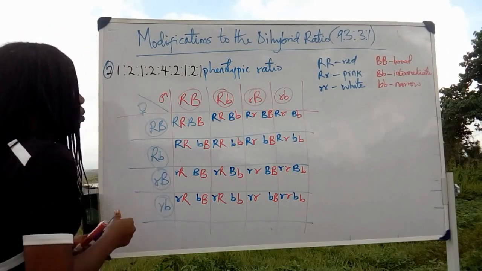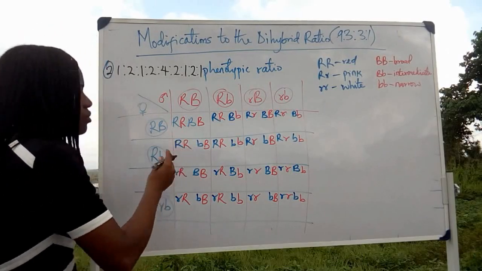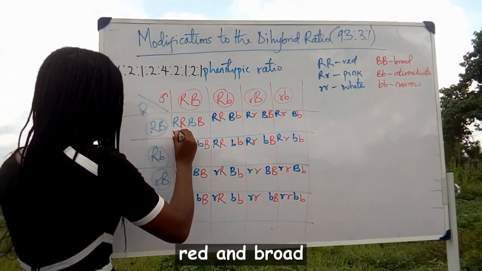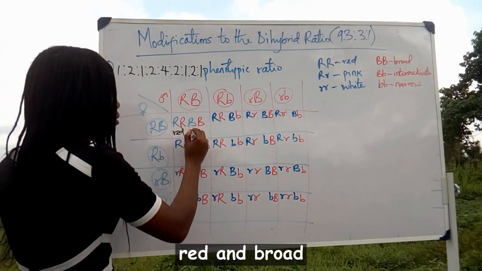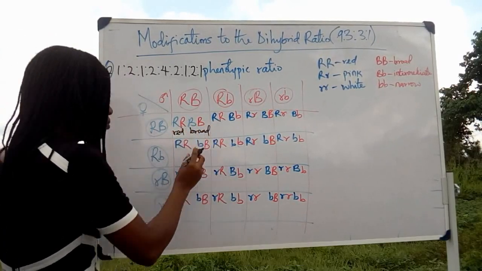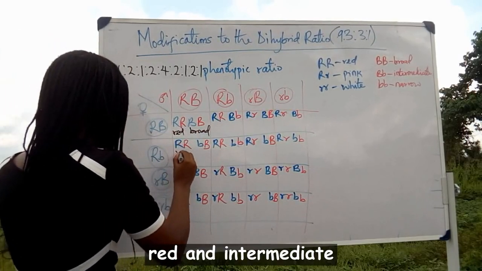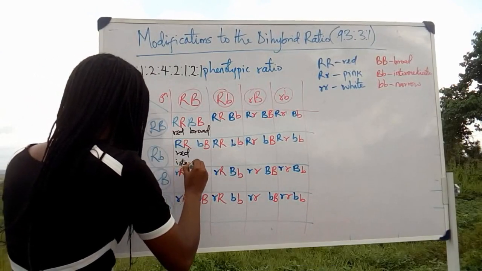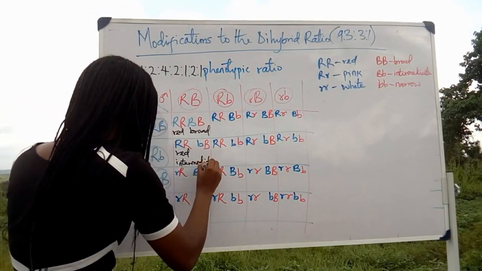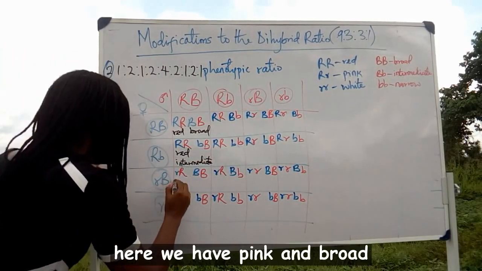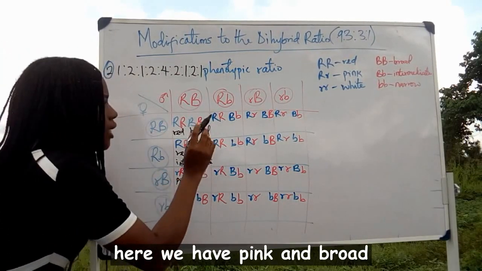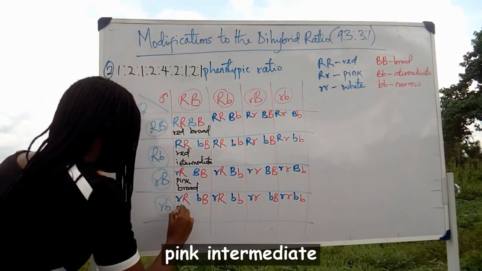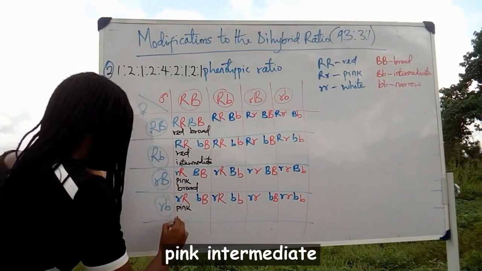Alright, so here we have red and broad. Red and intermediate. Here we have pink and broad. Pink, intermediate.